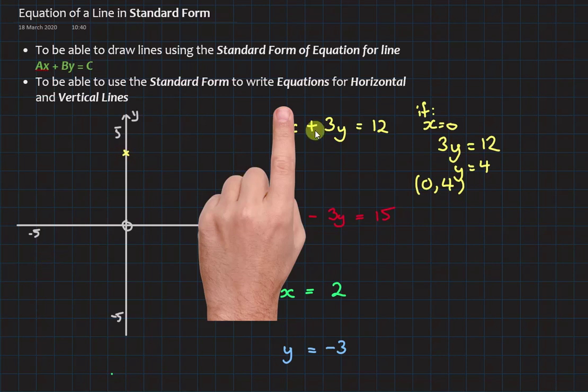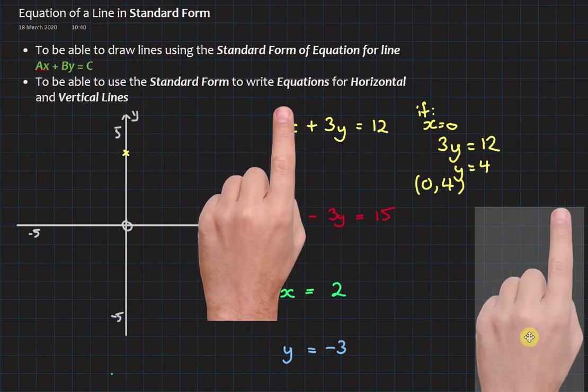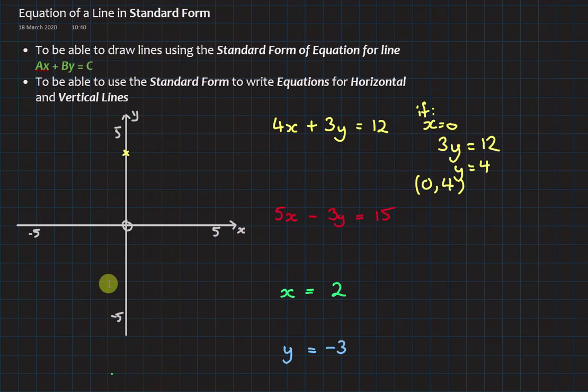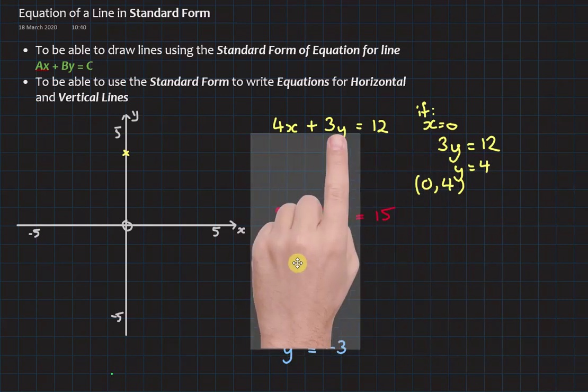The other one is, let's see what happens on the x-axis. So let's move my hand out of the way a moment. And to find where that is on the x-axis, we want to point somewhere along here. And we do the opposite thing. We say, what happens if y is 0?